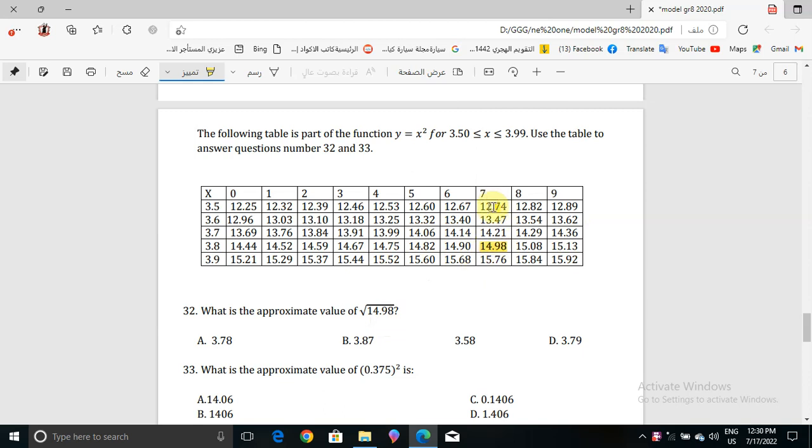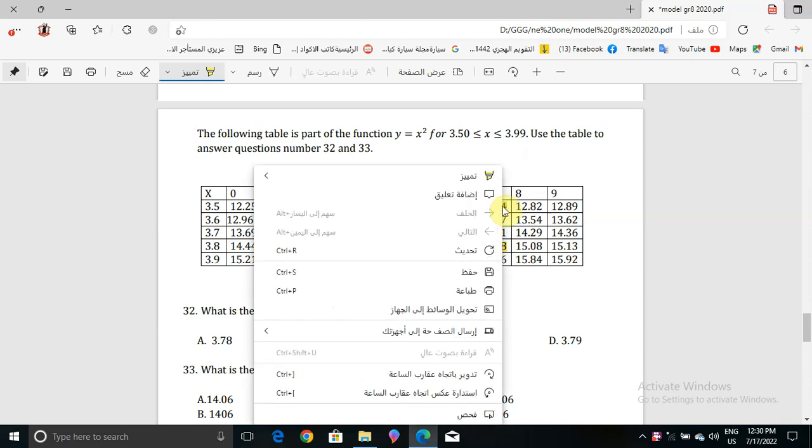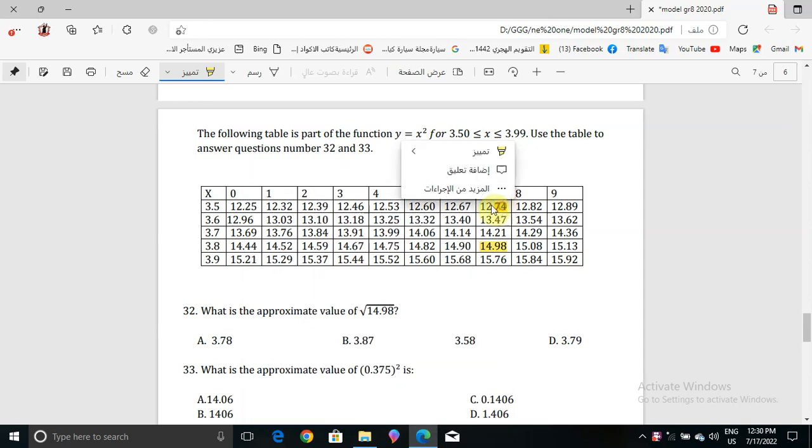So that means in this row, here, and 3.8. So that means 3.8 and you have here 7. So the correct answer will be 3.87, which is in choice B.